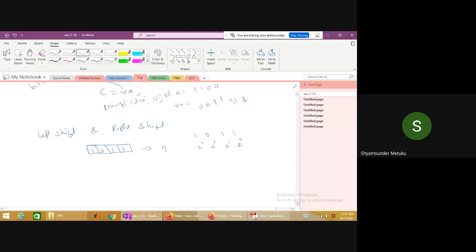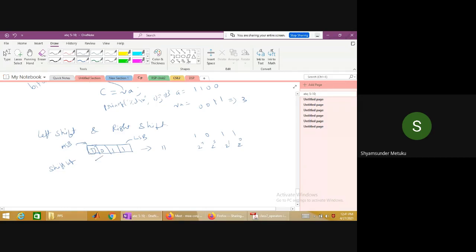Correct or not? Now I'm trying to shift left. Shift left means this is an MSB and this is an LSB. When you do the shift left, this 1 will be removed.